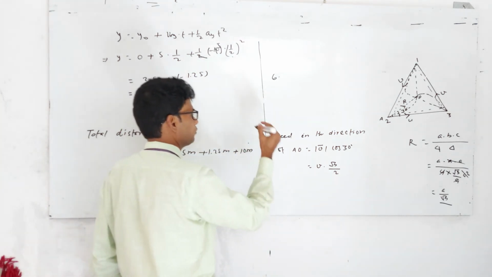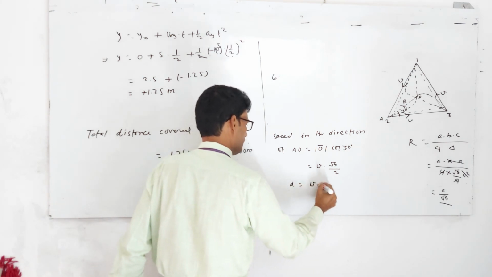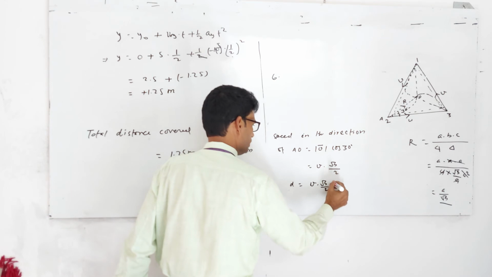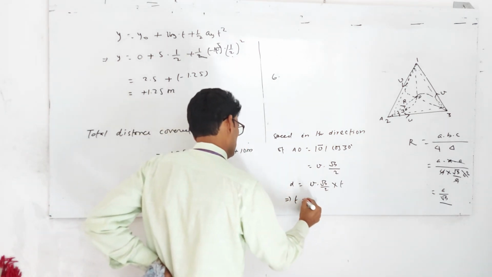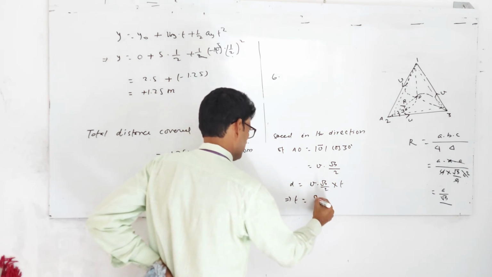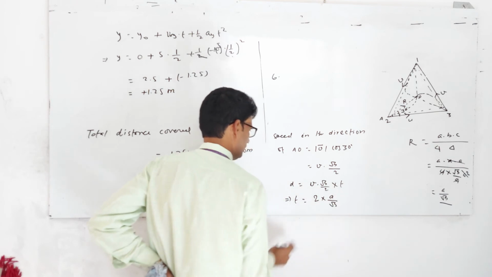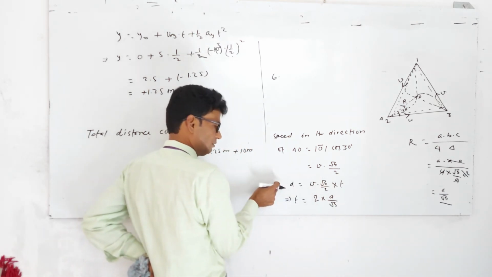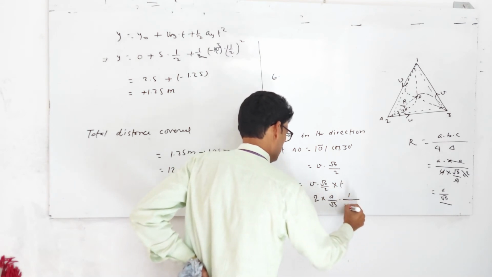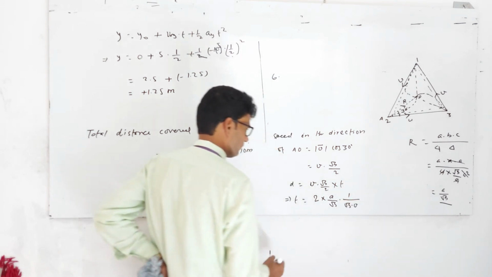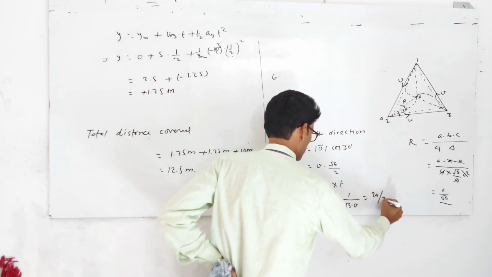So distance is equal to speed into time. Speed is V root 3 over 2 into T, we have to find T. This implies T is equal to twice this, look at there, a over root 3. 2 is taken already here, so this is 1 over root 3 into V. So look at, it comes out to be twice a over 3V.